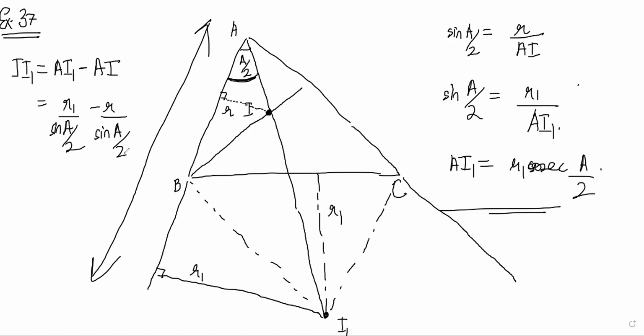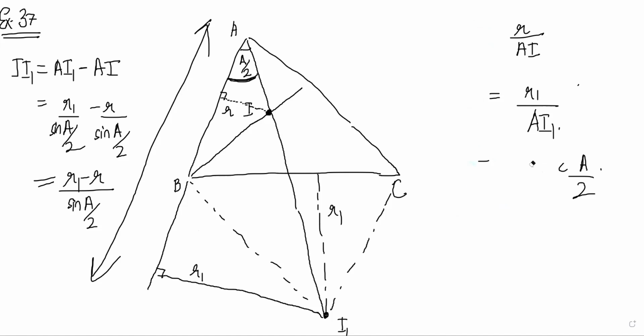Yes, sir. So you have to just say it is equal to r1 minus r by sine A by 2, right? And you have to prove that that is equal to a sec A by 2 or whatever, right? Yes, sir. Now we have to use some formulas to get this. So let's use some formulas for r1 and r to get that.